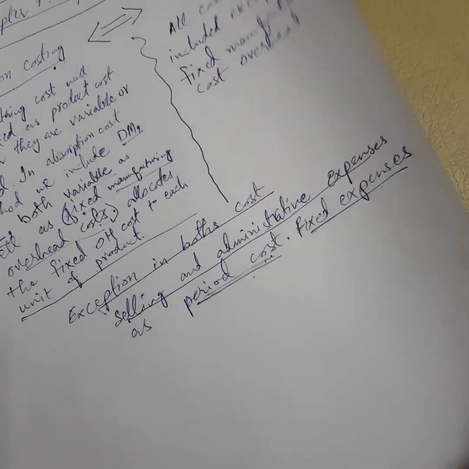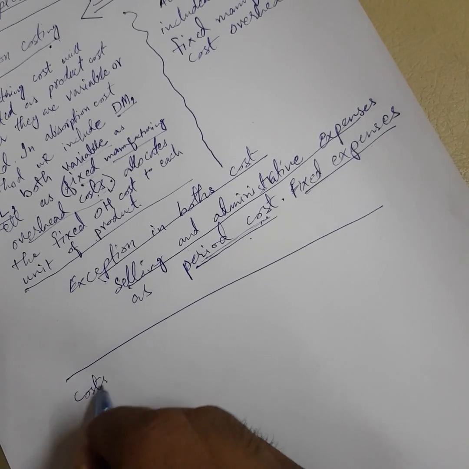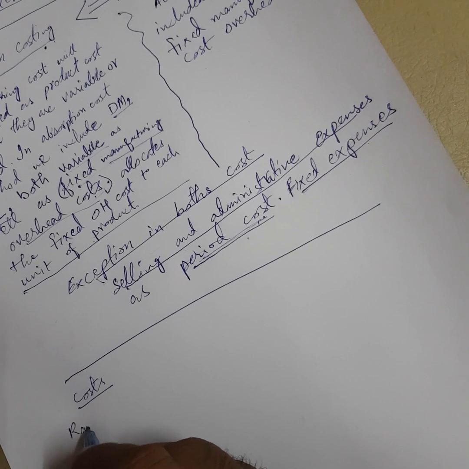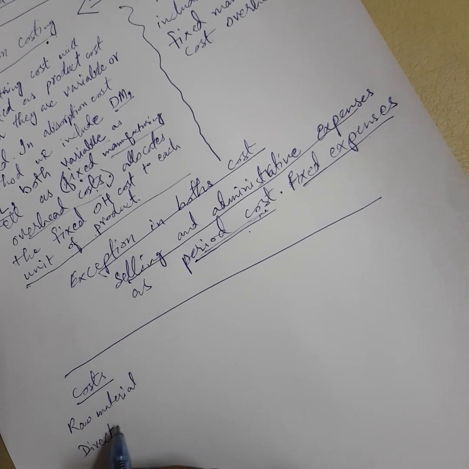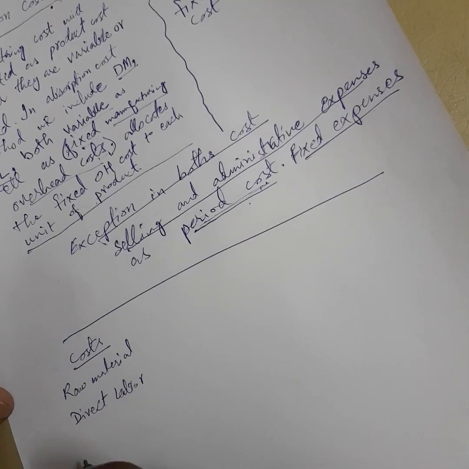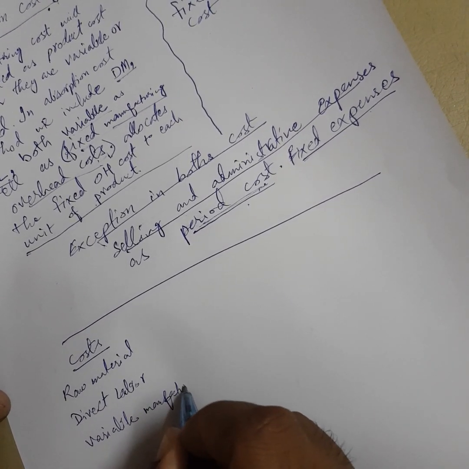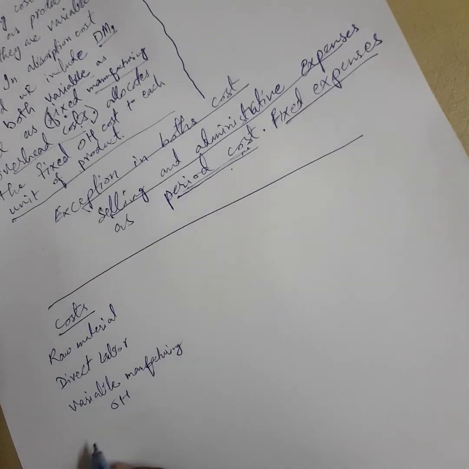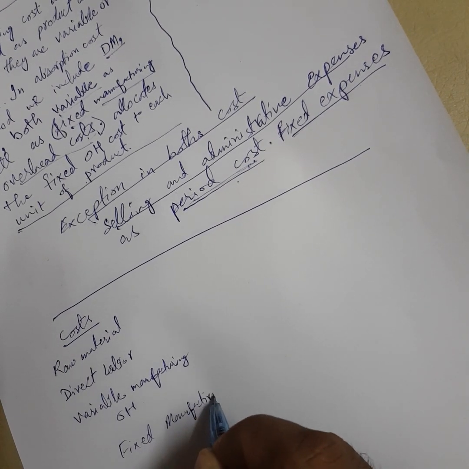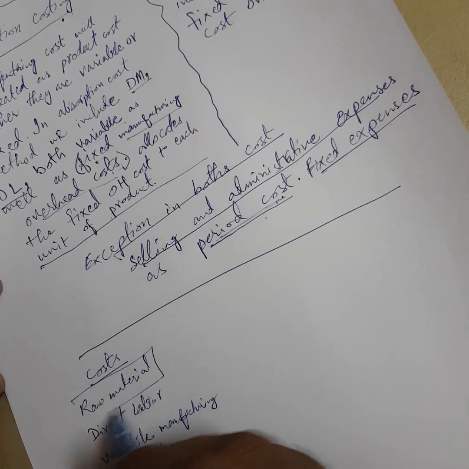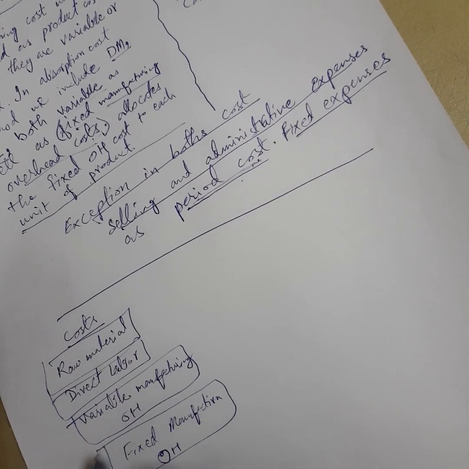Now there is one chart to illustrate all the above things, where the costs include raw material, direct labor, variable manufacturing overhead, fixed manufacturing overhead.